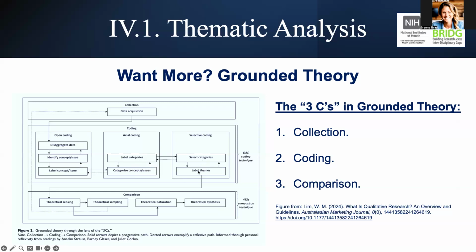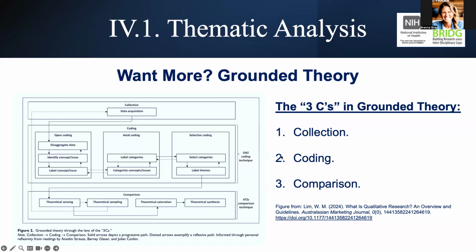And this is really where we identify our themes. So in this process here, we're seeing open coding, axial coding, and selective coding. And that really just describes the process we use to go from codes to categories to themes, right? And so our codes would be our individual units. The categories would be the groups that the individual units can fit in. And the themes would be the larger groups that categories can fit into.